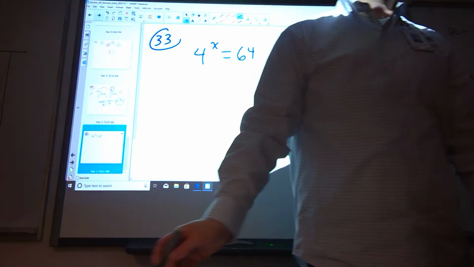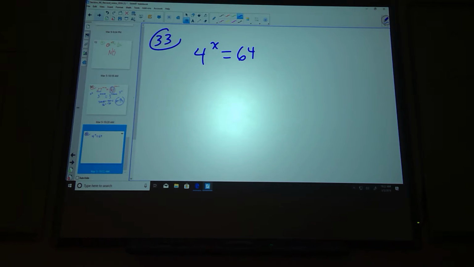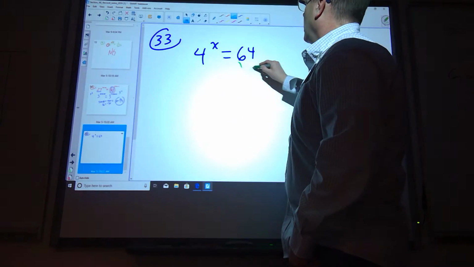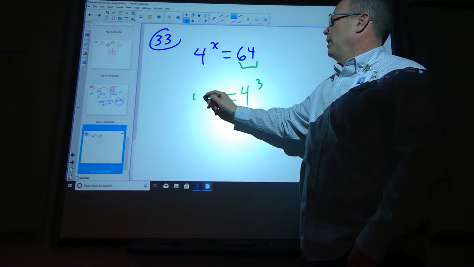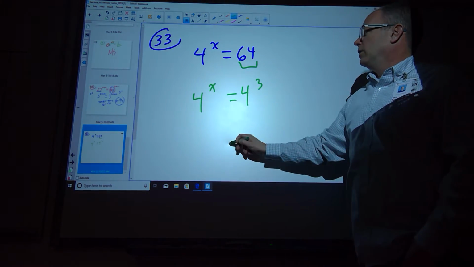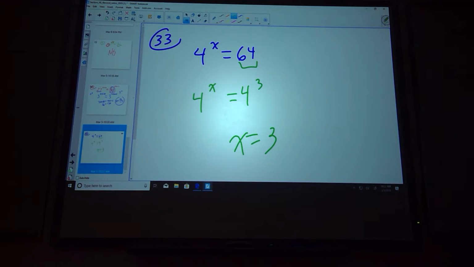Okay, couple things. Can I make 64 to be base 4? 4 times 4 is 16, times another 4 is 64. So I can turn this into 4 to the third, and then I find that x equals 3. Done. I could have turned them both into base 2, and the answer still would have been the same.